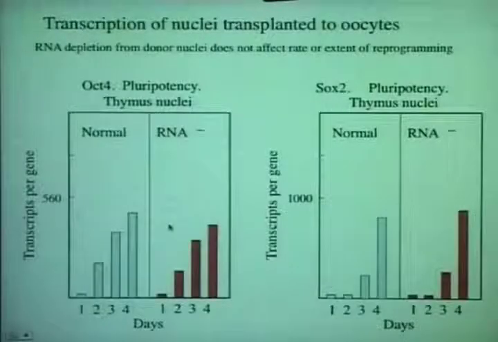And when you do this, to my surprise, it makes no difference to the reprogramming. So whether you're looking at OCT4 or SOX2, there is no difference between the normal nuclei and the RNA-depleted nuclei. They each show this almost identical increase in the accumulation of transcripts of these genes for OCT4 or for SOX2.